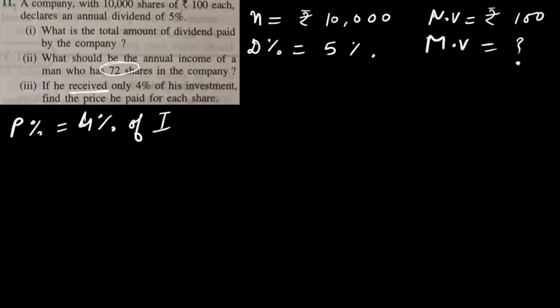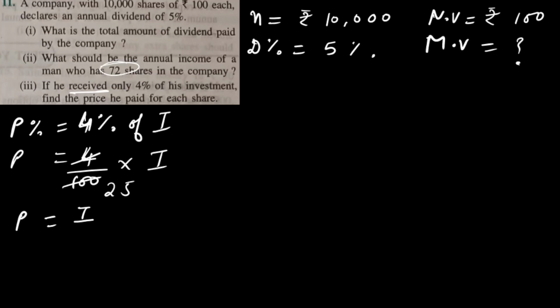Now I can write it as profit percent and convert it into normal form. So this will become 4 by 100 into I, which means after cancellation, 4 into 25. So what is the profit, how much is he receiving?